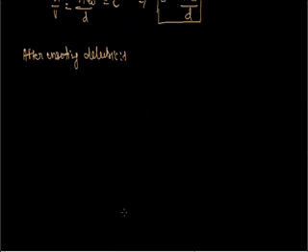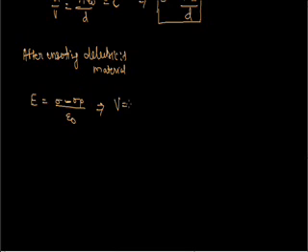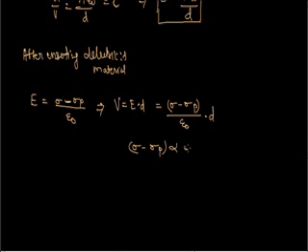After inserting the dielectric material, E will be sigma minus sigma P upon epsilon, where sigma P is the induced charge density on the dielectric material, and V will be E into D. Hence it is sigma minus sigma P upon epsilon times D, and sigma minus sigma P is directly proportional to sigma.